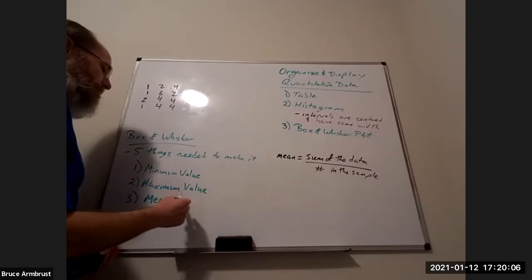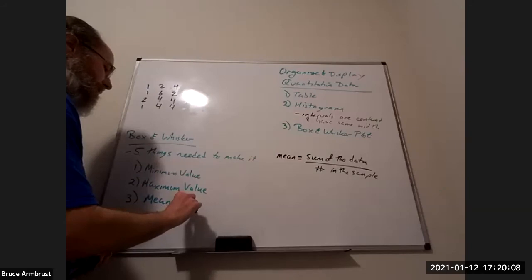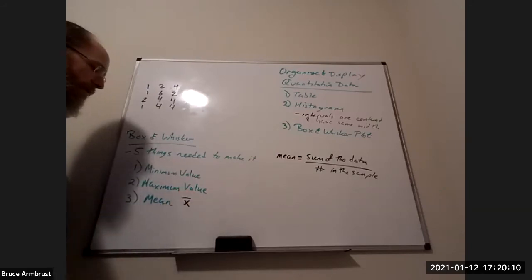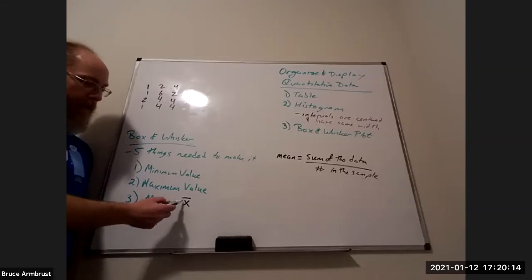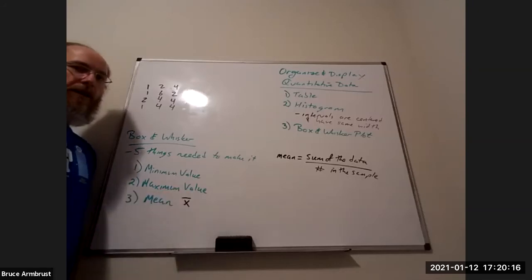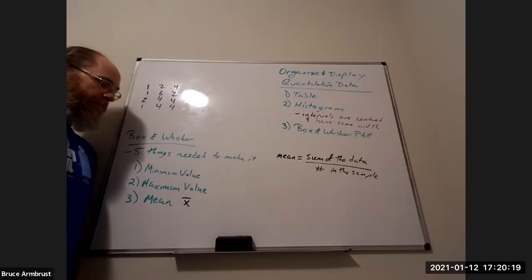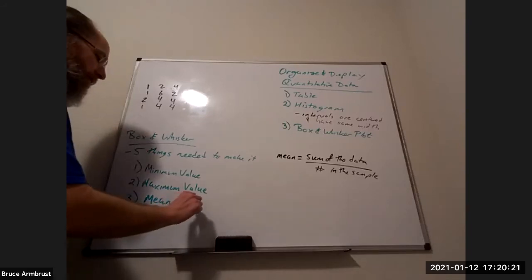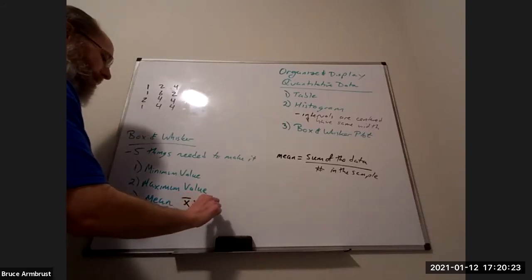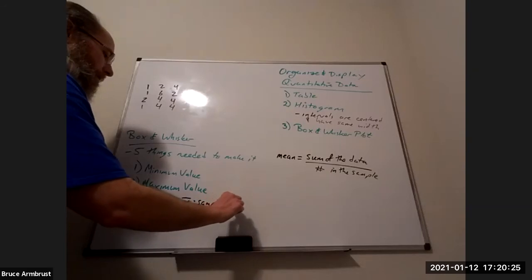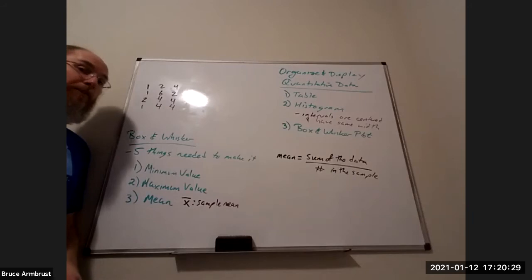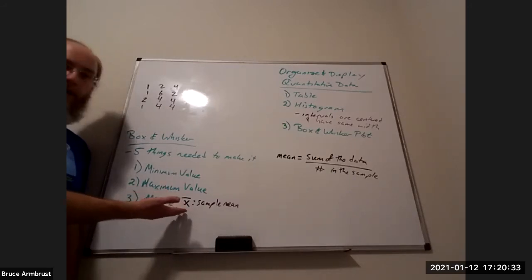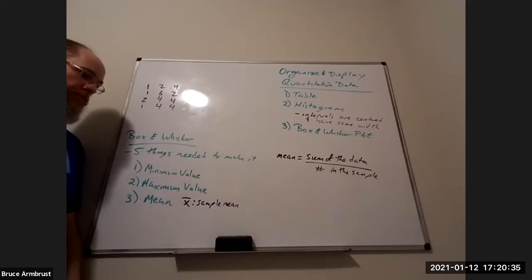When we're talking about the mean from a data set, we call it X bar. It's an X with a little bar across the top. So this is your sample mean. We have a different symbol for the population mean that I will show you later. But for the sample mean, just X bar.